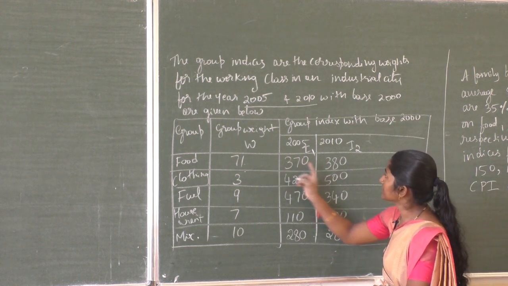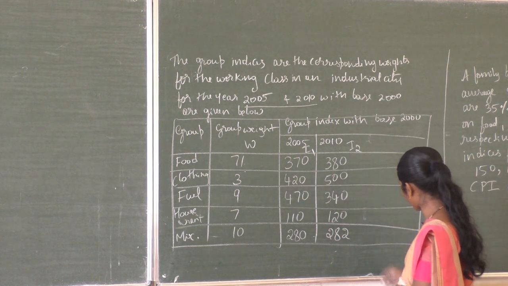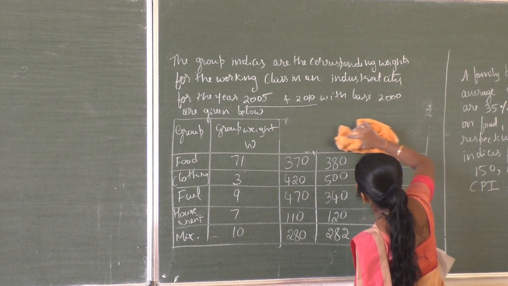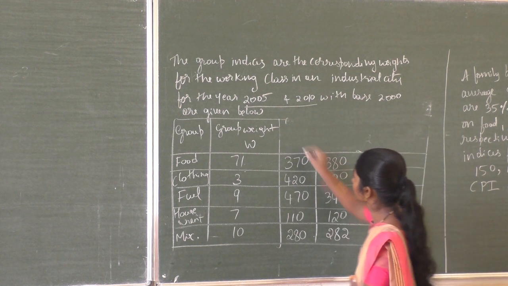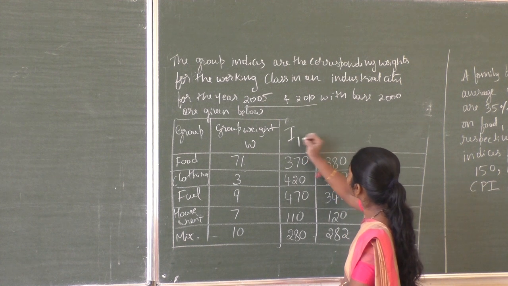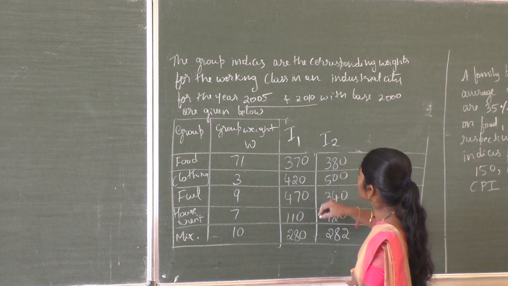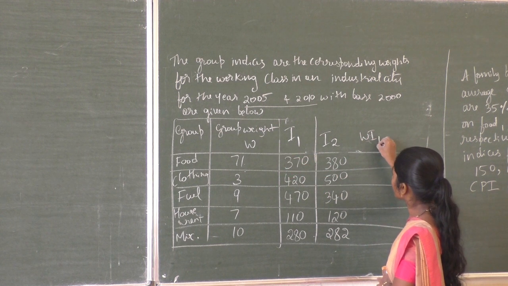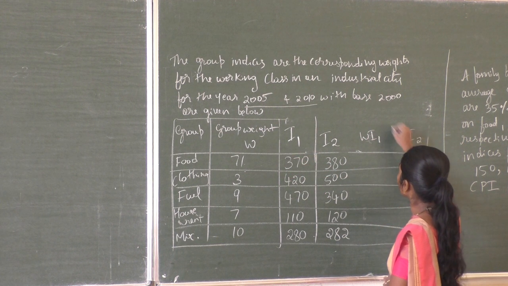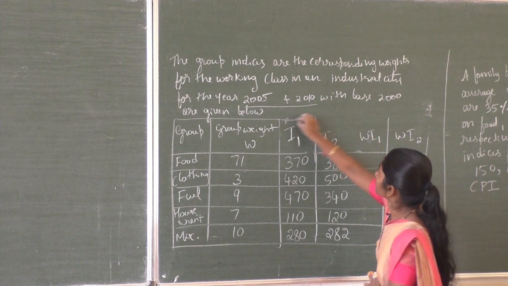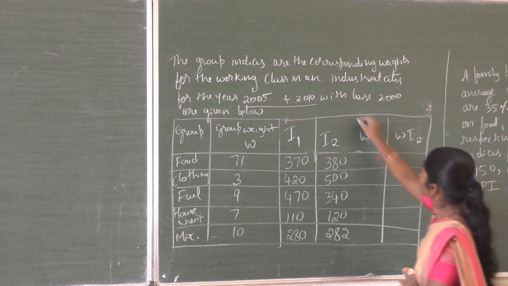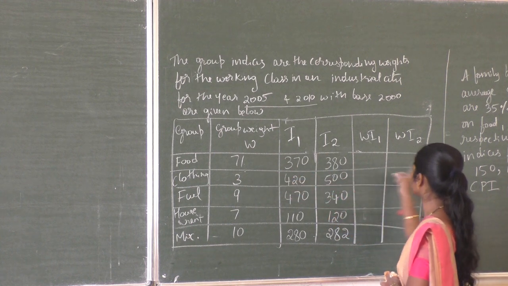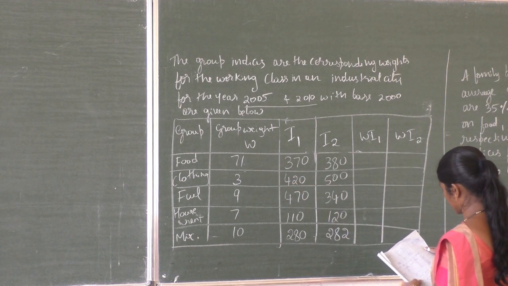Now multiply these, we have to find W into I1 and W into I2, and in this way we get the answer.